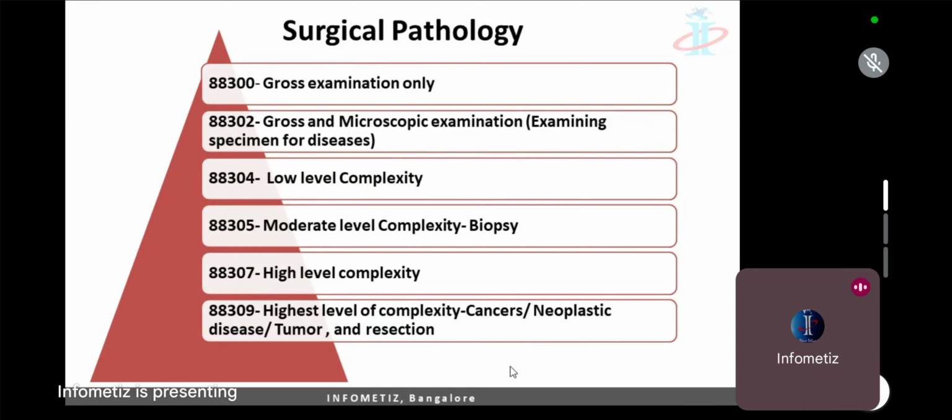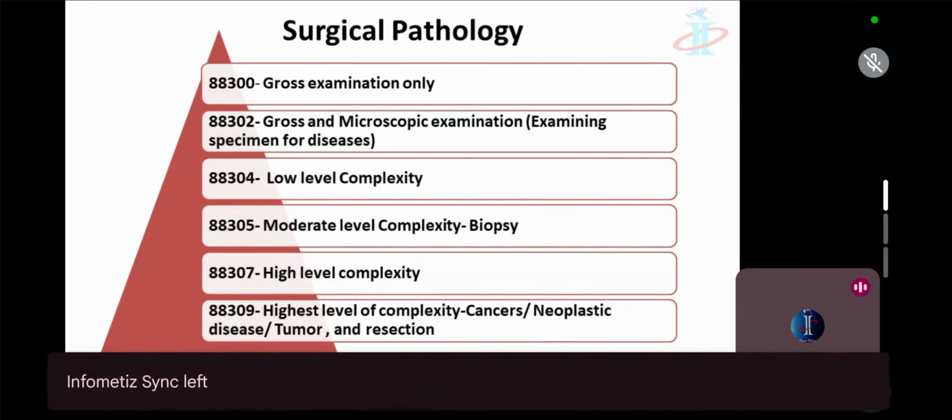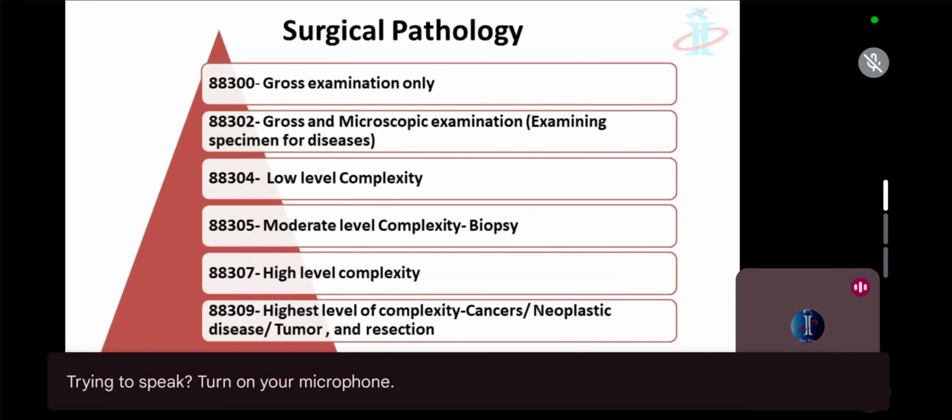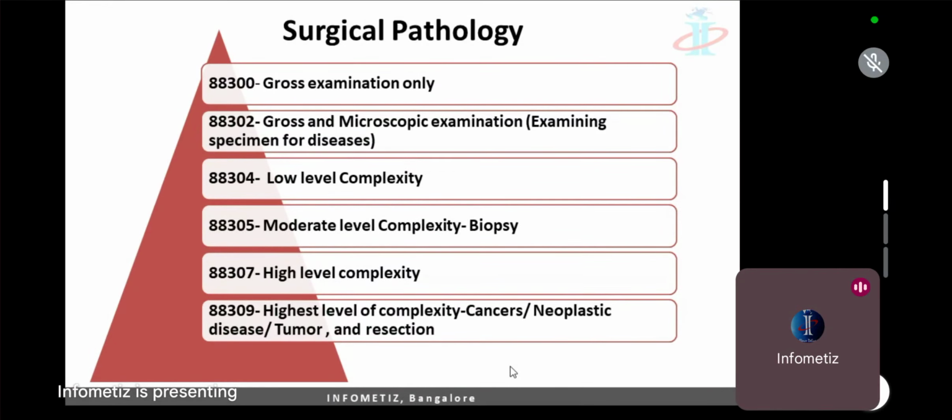Similarly, 302 is the basic gross plus microscope, which is very low. 304 is low, 305 is moderate, 307 is high, and 309 is the highest one. Level, or I should say complexity, increases with the level. Now, what are this level and complexity? The condition.